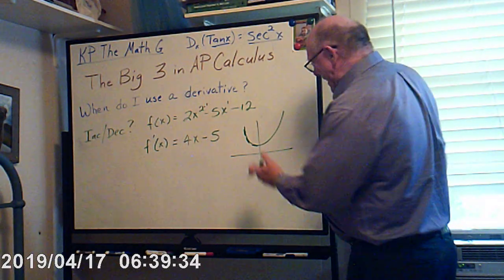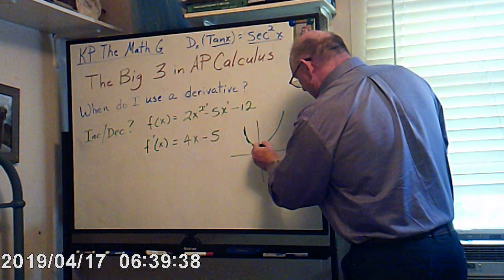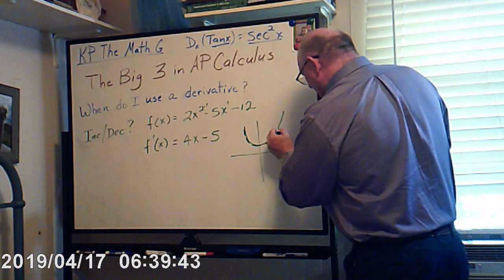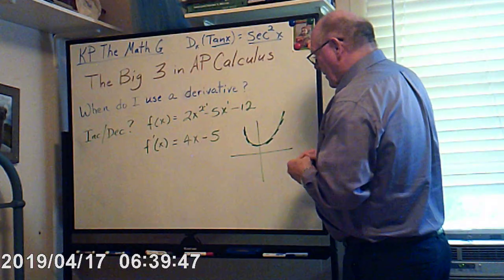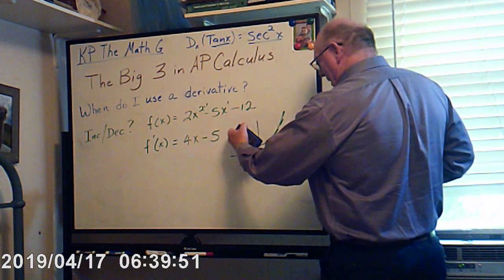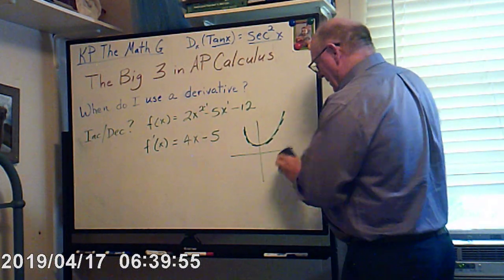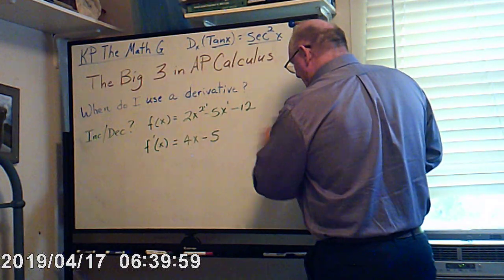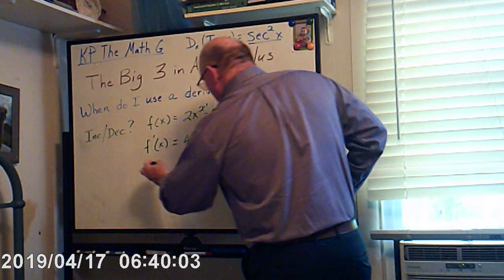So this is a negative slope going this way, but this is a slope of 0, and then all of a sudden the slope of the tangent line is positive right here. So we can find out: decreasing if the slope is negative, increasing if the slope is positive.